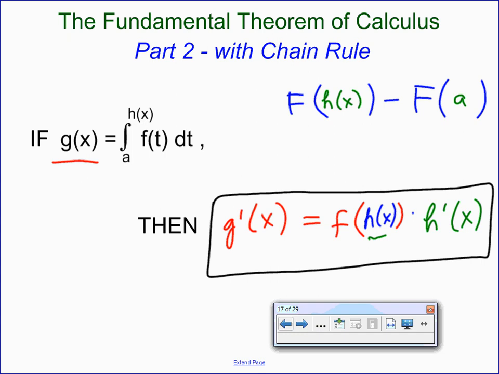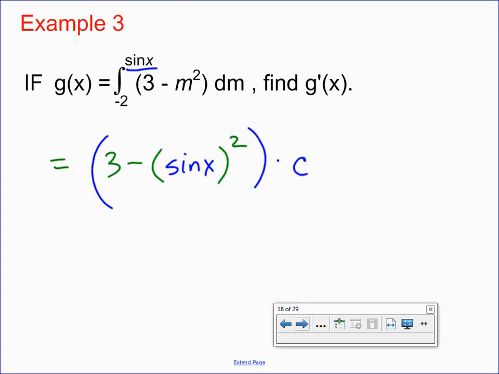What's the derivative of my upper limit? Cosine of x. That's it. So I get quantity 3 minus sine of x squared, all times cosine of x. I can just leave it like that for right now. If we had to simplify, we could, but I want to see exactly where this is coming from.